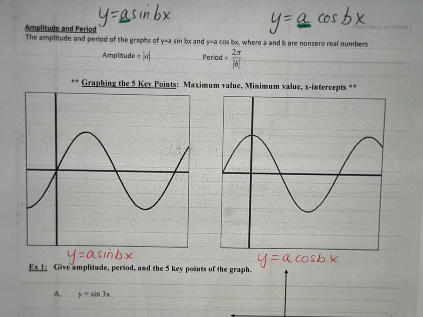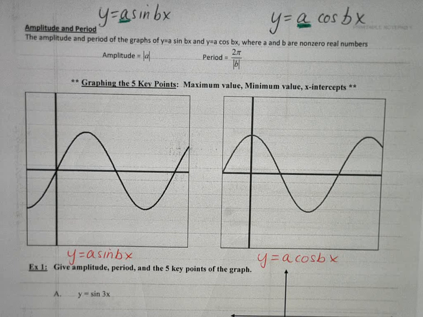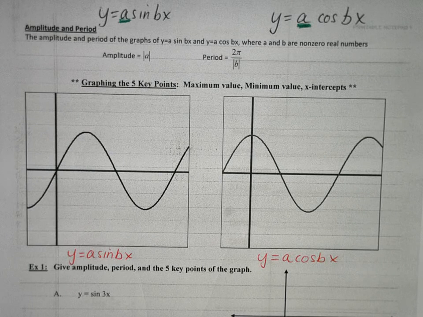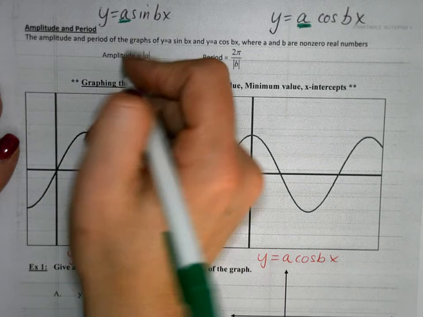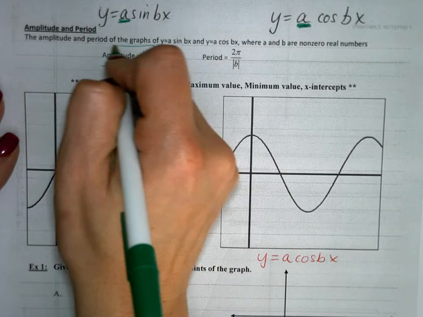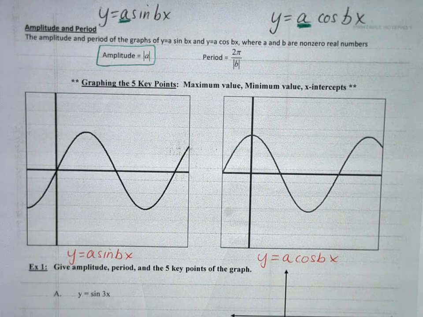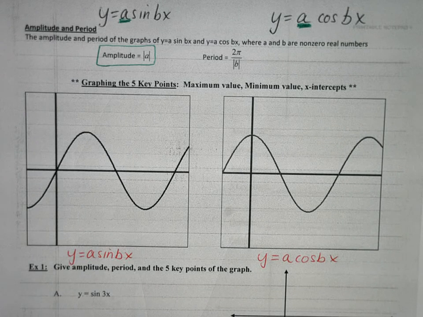A will remind you of amplitude, and hopefully we remember amplitude is a distance from the middle of my graph to the top, from the middle of my graph to the bottom. The amplitude is the absolute value of a. That's how we find the amplitude.